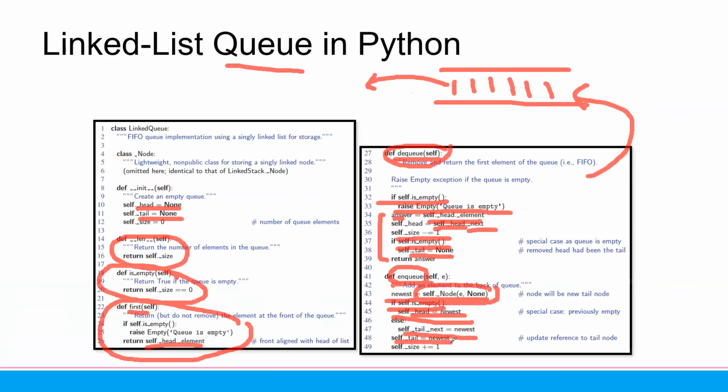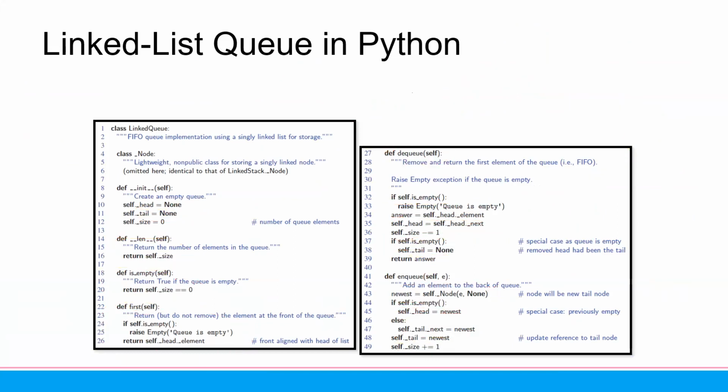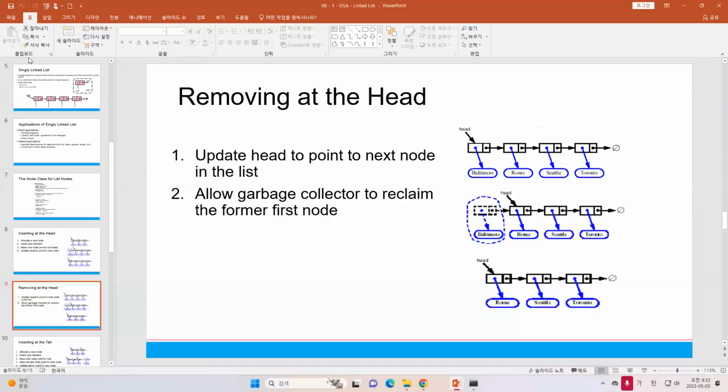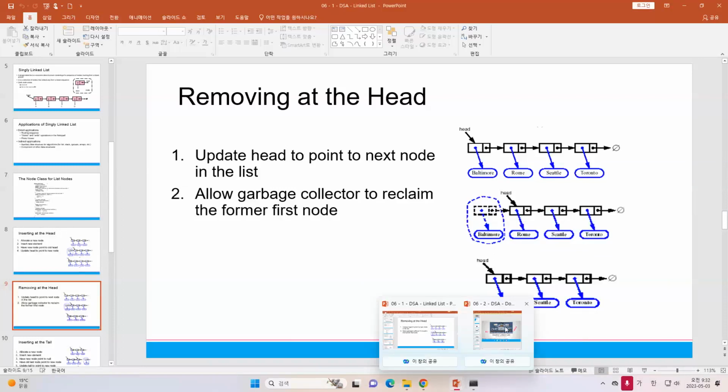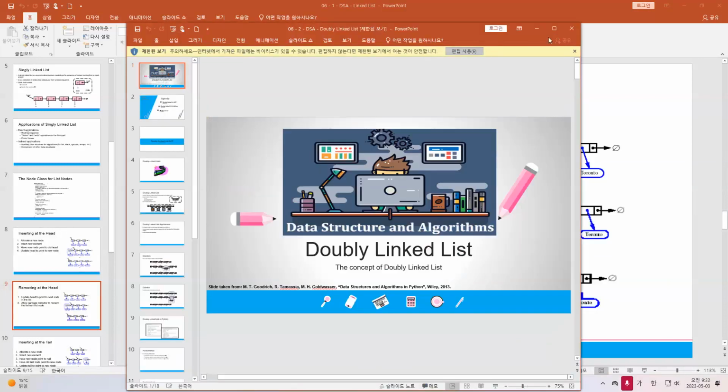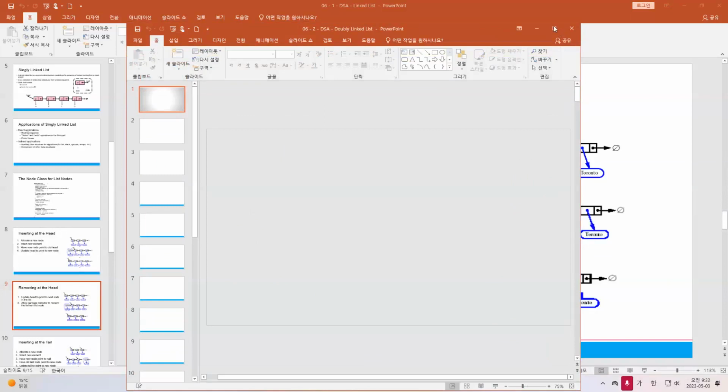Afterward, we will assign the tail as the newest, and then the size will be added by 1. So that's the singly linked list. Now let me move to the second slide. It is about the doubly linked list.